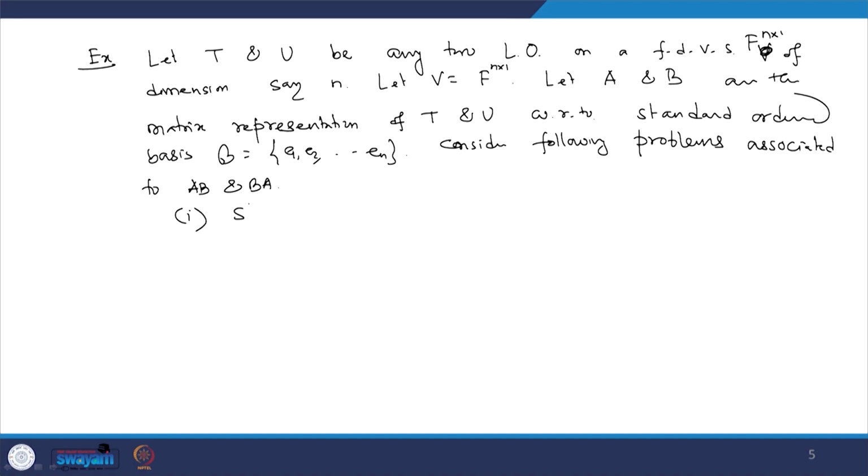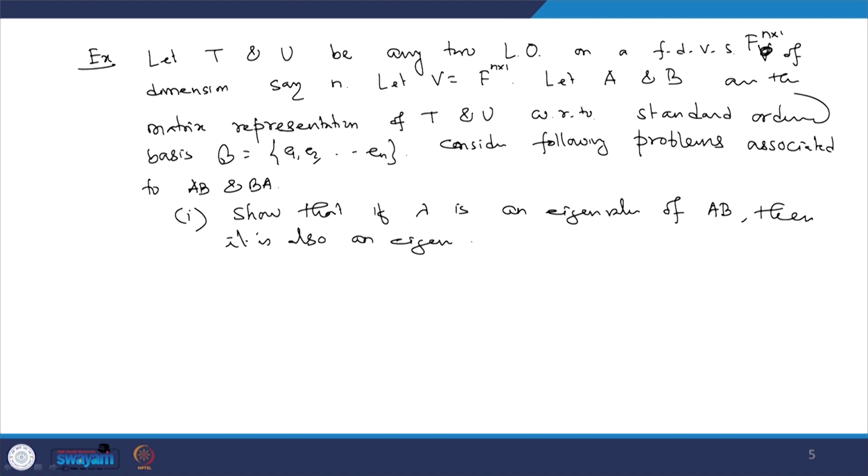First, show that if lambda is an eigenvalue of AB, then it is also an eigenvalue of BA. Second, eigenvalues being the same does not mean that the characteristic polynomial will be exactly the same.